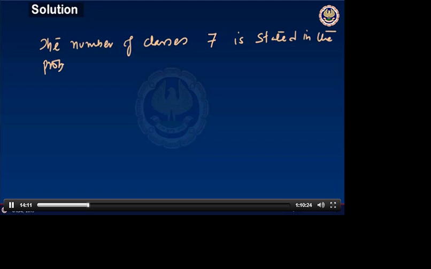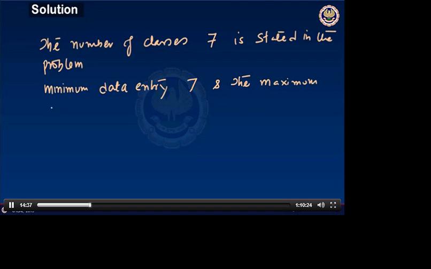Now the minimum data entry, if you look at the data entries, how many minutes the subscribers spent, we'll find that the minimum data entry is 7 and the maximum data entry is 88.